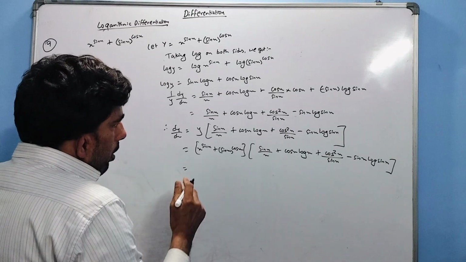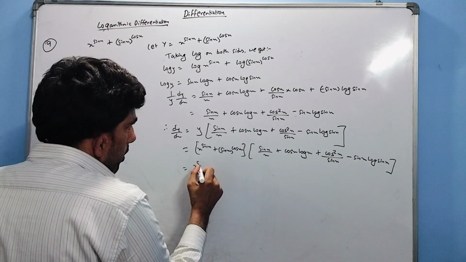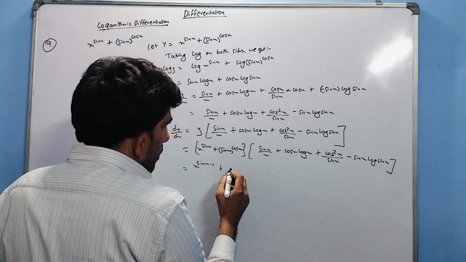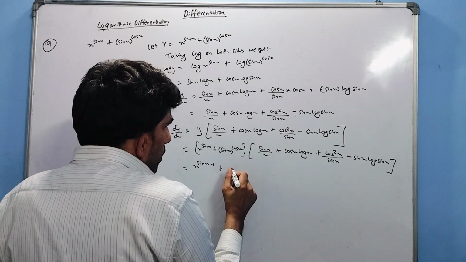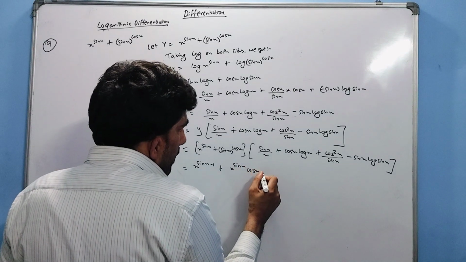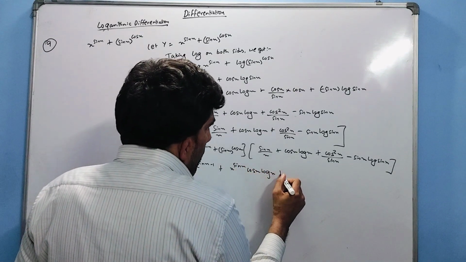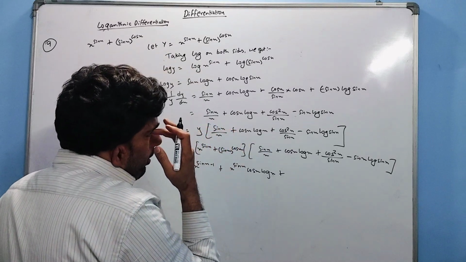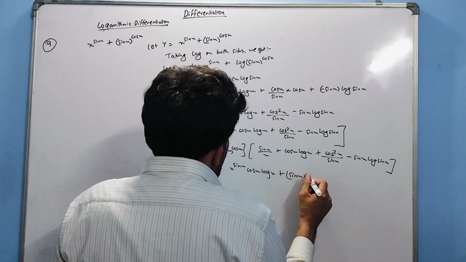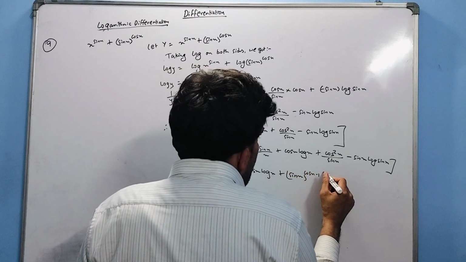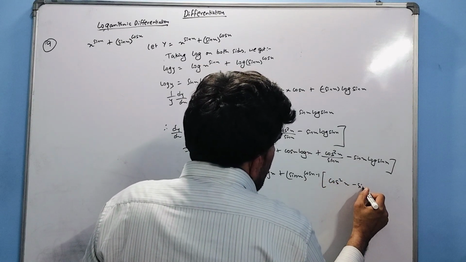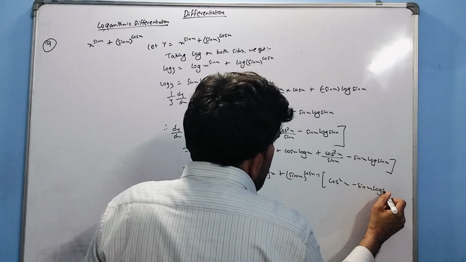We have x to the power sin x minus 1 plus, if I multiply this, x to the power sin x cos x log x, plus, if I now multiply with this, I get sin x cos x minus 1, and we have cos square x minus sin x log of sin x.